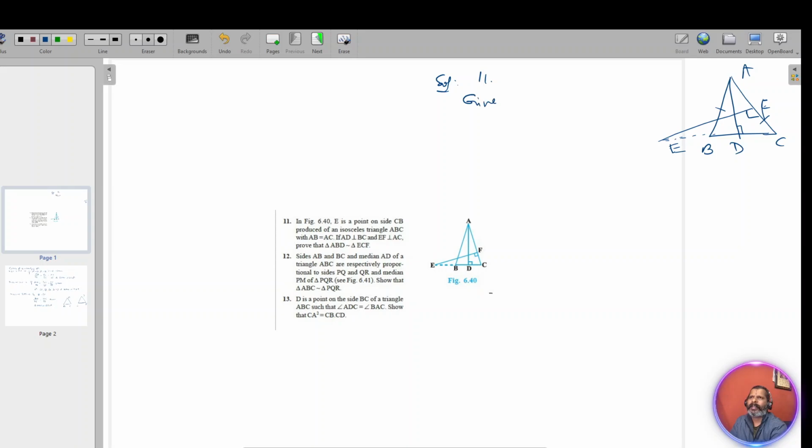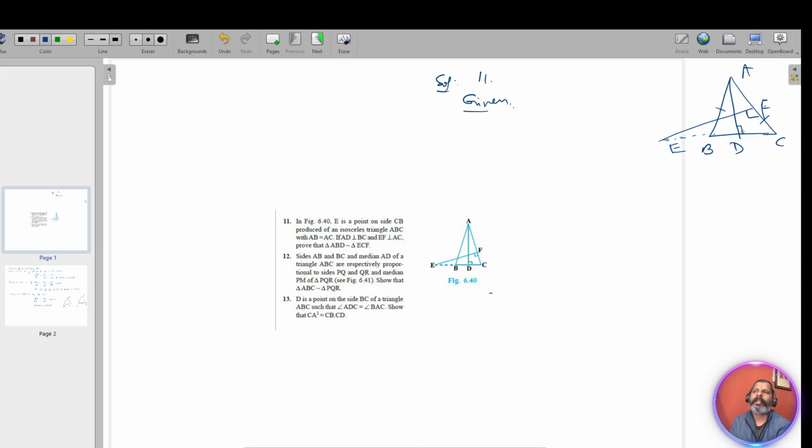Very simple it is. Why simple? I'll explain first and then start. In ABD, we have D as 90 degrees. In EFC, we have F as 90 degrees. So one angle we got. Either we use AA or SAS. SAS we cannot use because side proportionality is not given.